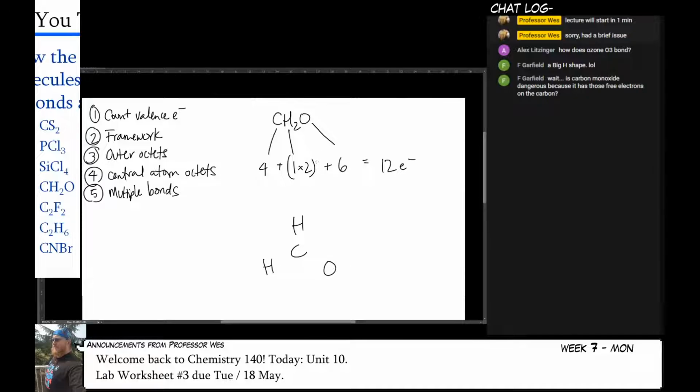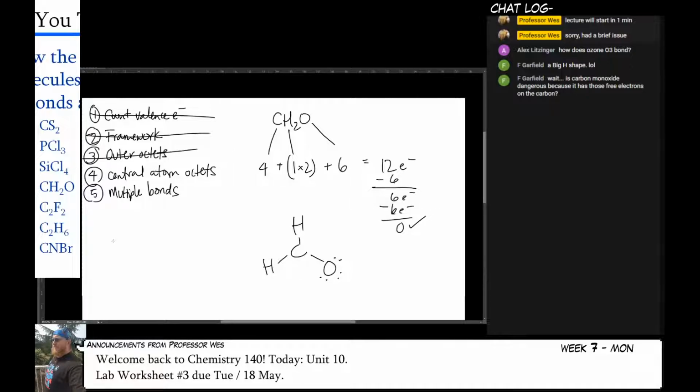Just throw the carbon in the middle and throw the rest of them around the outside. So we did that. I'm going to go 2, 4, 6. Outer octets, 1, 2, 3, 4, 5, 6 were needed to do that.